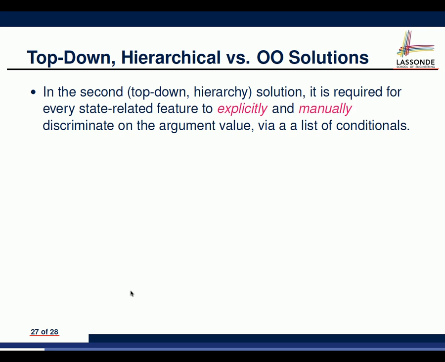We want to say if the current state equals 7, do something. If the current state equals 2, do something, right? However, in the state pattern, we don't have to do this to any extent. All we have to do is make sure that inside the descendant class of the state, let's say inquiry, we define the display feature, and then the dynamic binding is just going to work out at runtime.